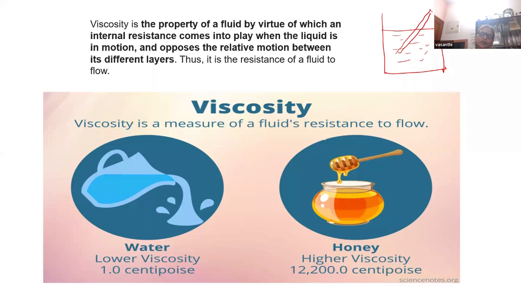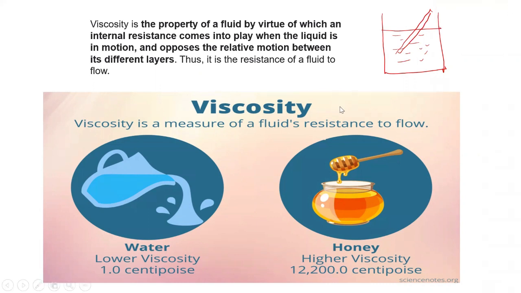I ask the children, why is it coming to rest? If the liquid is moving, it should continue to move, no? According to Newton's first law, why does the liquid come to rest? Internal resistance, because it is feeling resistance. There is some resistance to the fluid flow. That's why it's coming to rest.